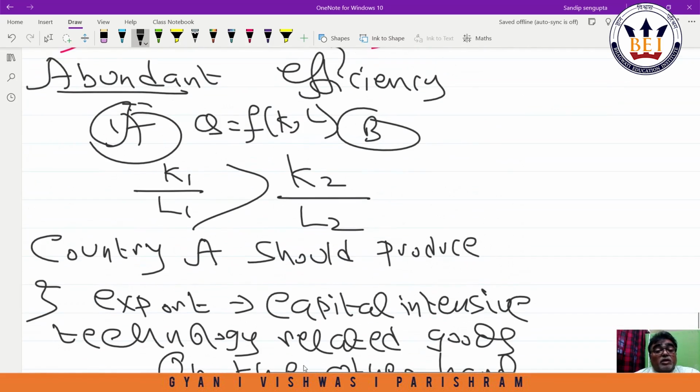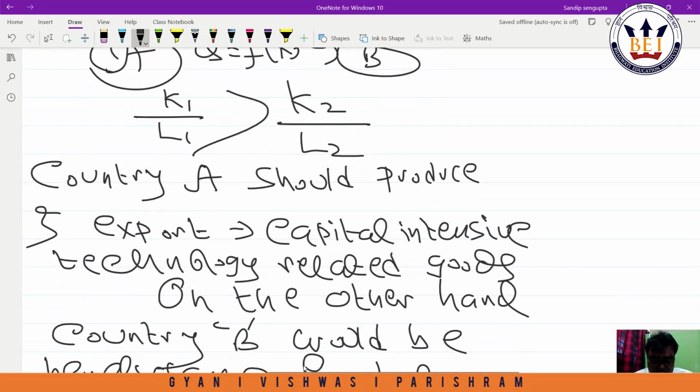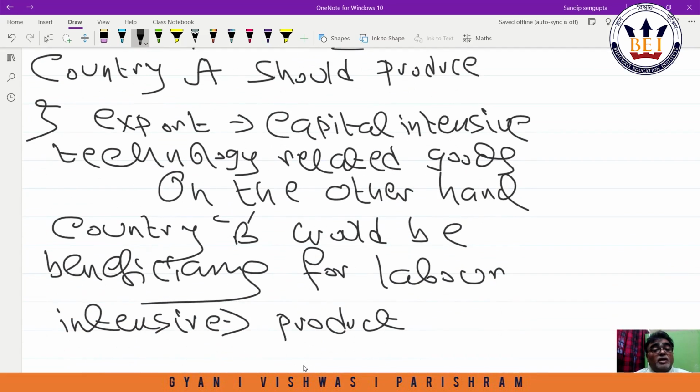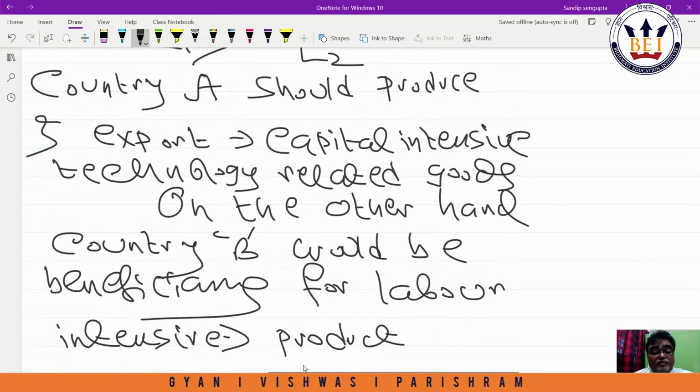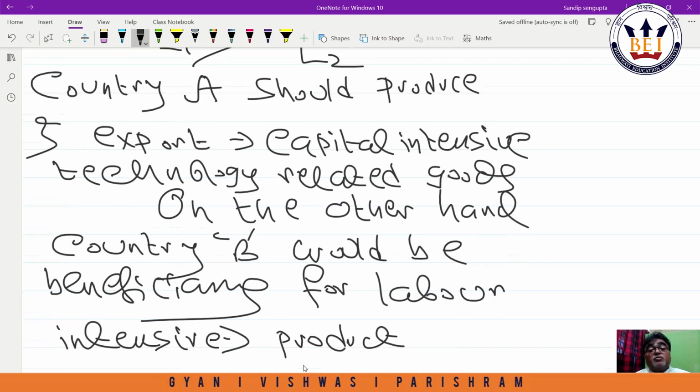So first concept is Heckscher-Ohlin theorem means two important parts. Once more, factor endowment is the availability of factors, factor intensity is efficiency of factors. So then to explain that way, any example I can give. So country A should produce capital intensive, country B should produce labor intensive.